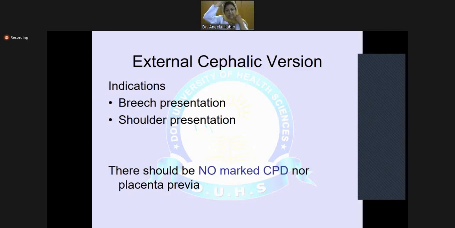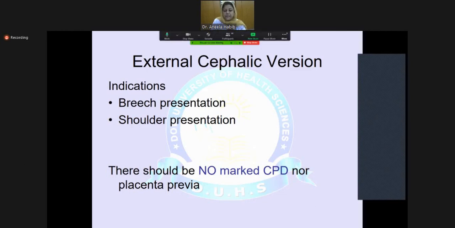If there is no other contraindication for normal vaginal delivery, like a previous cesarean section, inadequate pelvis or cephalopelvic disproportion, in these cases there is no point in doing these versions. If all the contraindications for vaginal delivery are excluded, then you need to do an external cephalic version where there is no CPD or placenta previa.